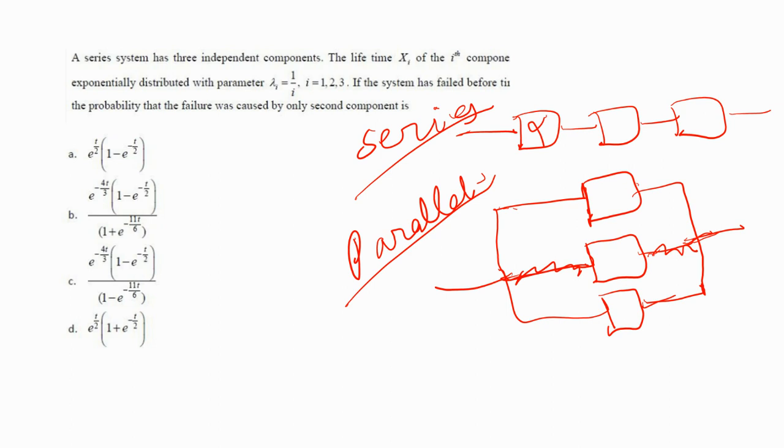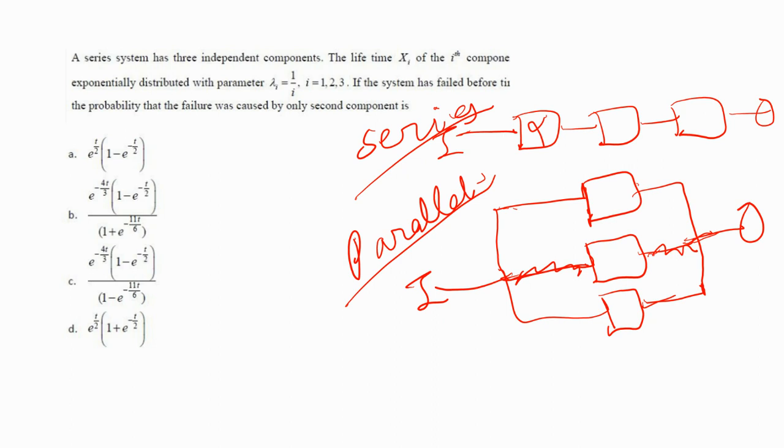If this is not working, let's say we have some input here and some output here, then it doesn't matter whether this or this one is working or not. Ultimately, output will be zero. So if you have a system in series and any of the components fail, then the whole system fails. In parallel, it does not happen.